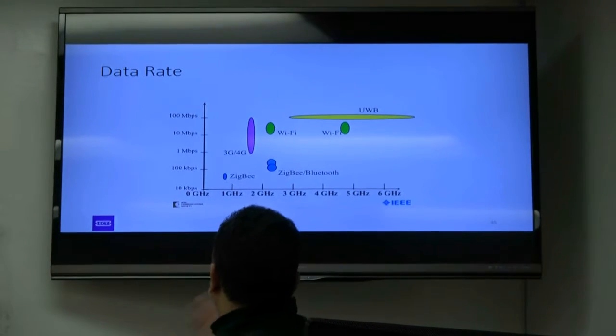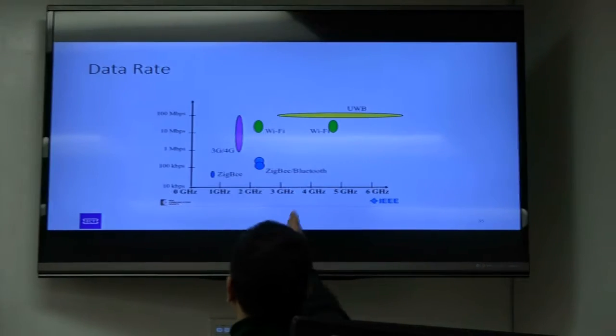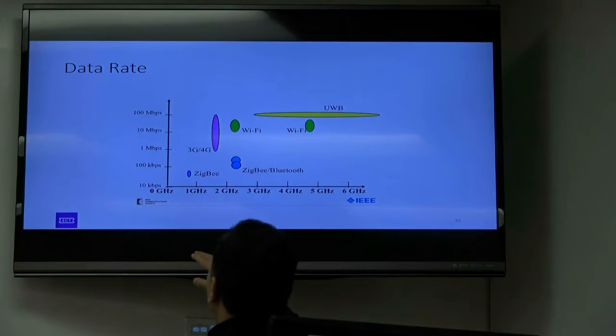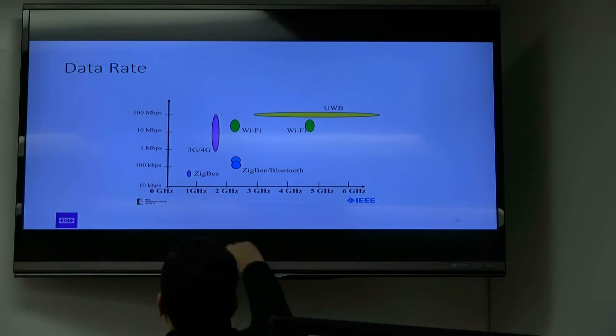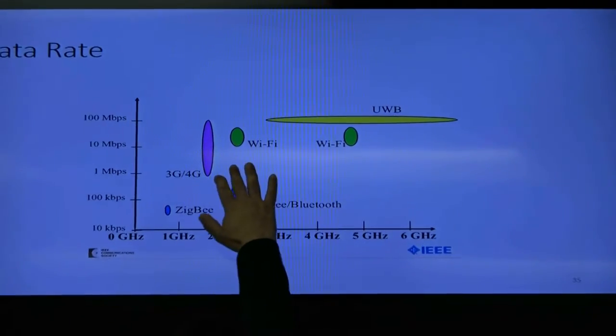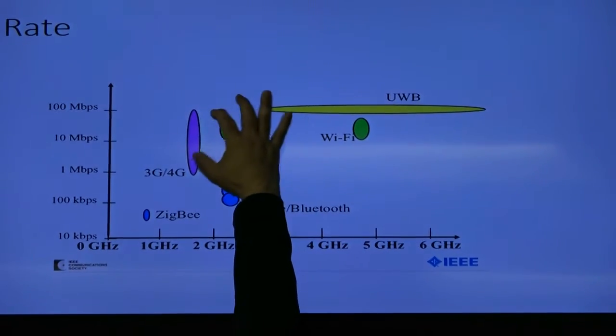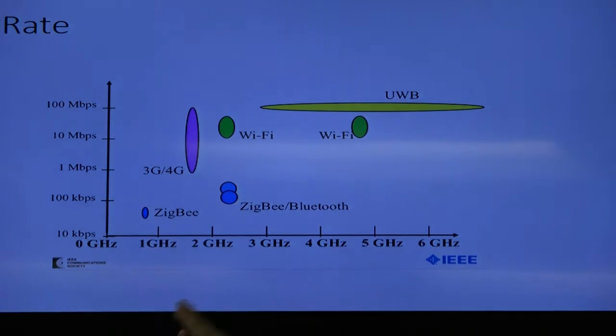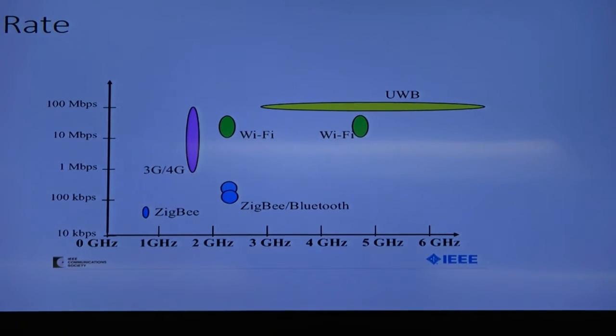For example, if you need a higher rate, the 4G is a higher rate. Wi-Fi is a smaller rate, Zigbee is a small rate. And then what's the spread of the bandwidth?